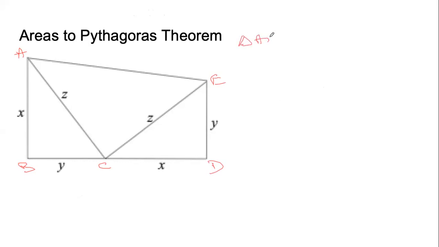Triangle A, B, C, let us call, and triangle C, D, E. They are congruent because if you see X, X, Y, Y, Z, Z. So they are congruent by S, S, S test.